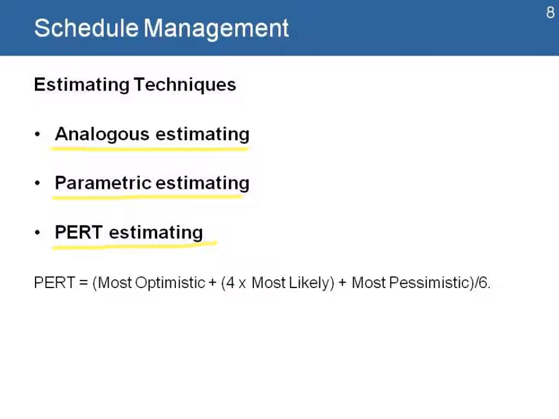We take the most optimistic value, plus the most likely or the average multiplied by 4, plus the most pessimistic value. We add all those three and we divide by 6. This is a value that represents a better judgment on what will be the duration of a specific activity.